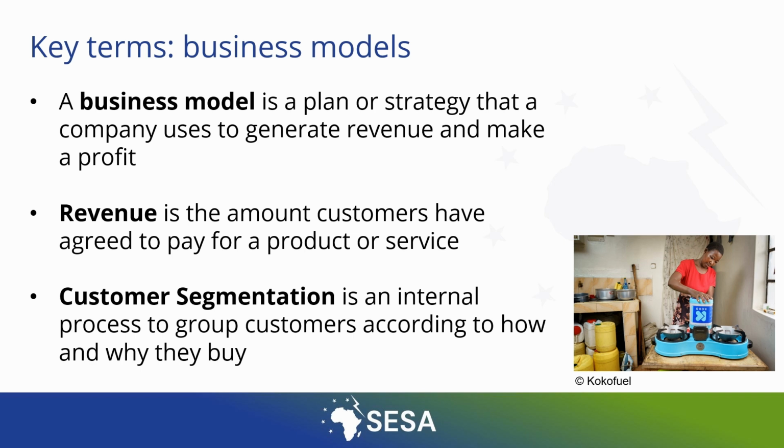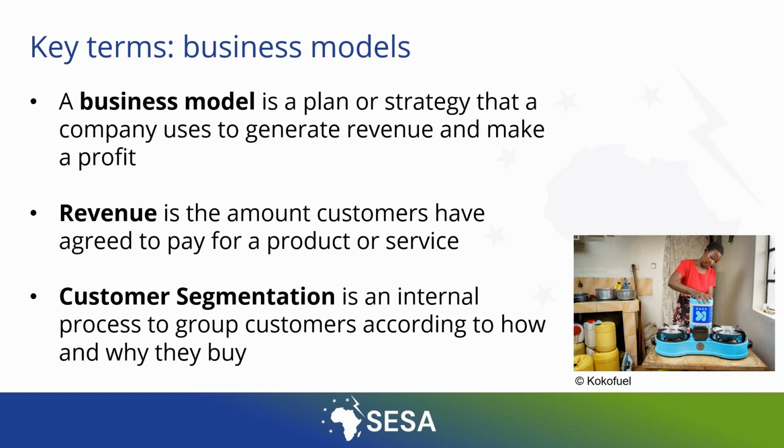that key term. A business model is basically a plan or a strategy that a company uses to generate revenue and to make a profit. So it describes how the company will create and deliver value in its operations.